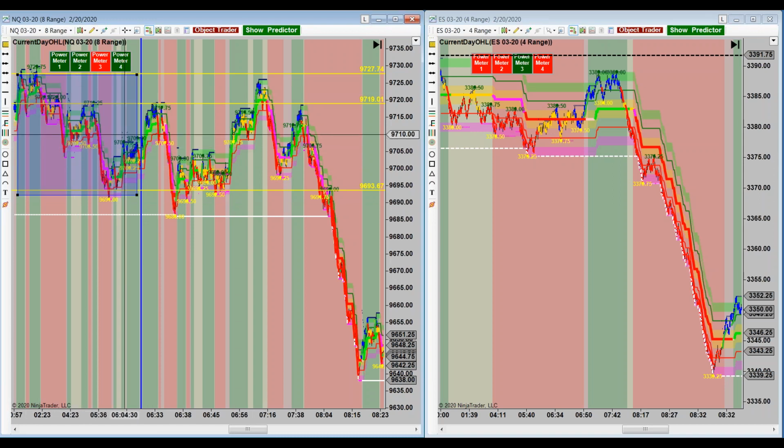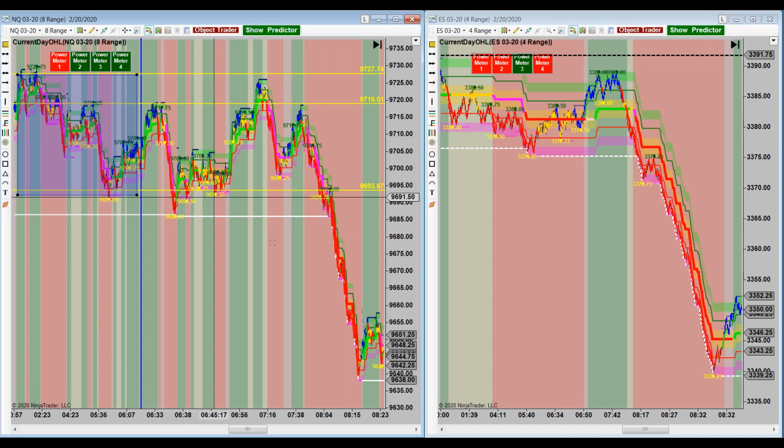Yes or no? What do you think? Well, it pokes its head down a little bit through it here, but that wasn't really much. Yeah. So in the pre-market and after the open, you would say that NASDAQ was range bound. Would you not? Yes.